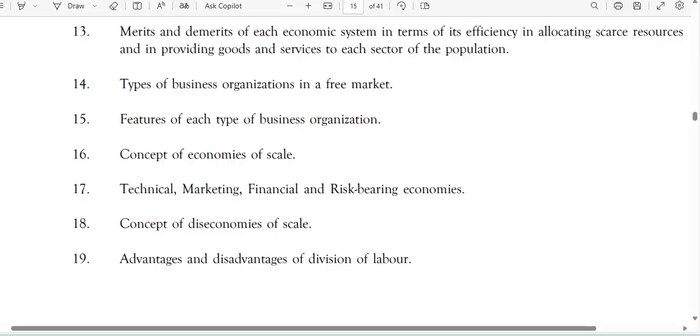Another example of economies of scale would be marketing economies of scale. Large firms can spread advertising and promotional costs over a larger output, reducing the cost per unit sold. Example of a marketing economy of scale would be Coca-Cola runs a 1 million global ad campaign.